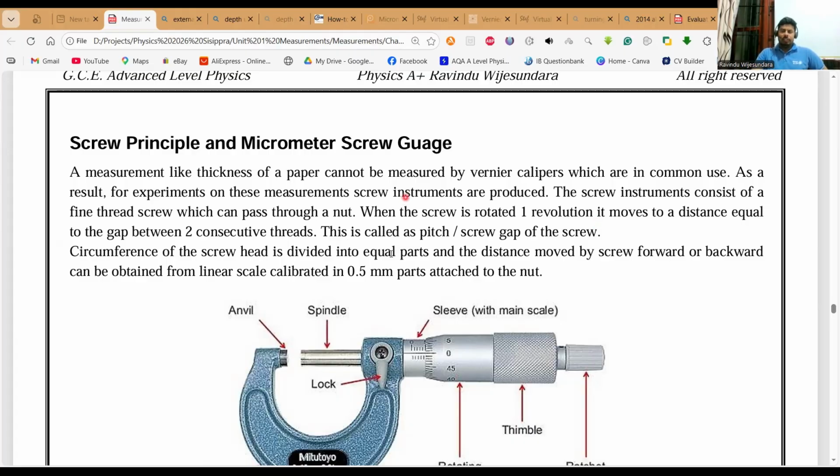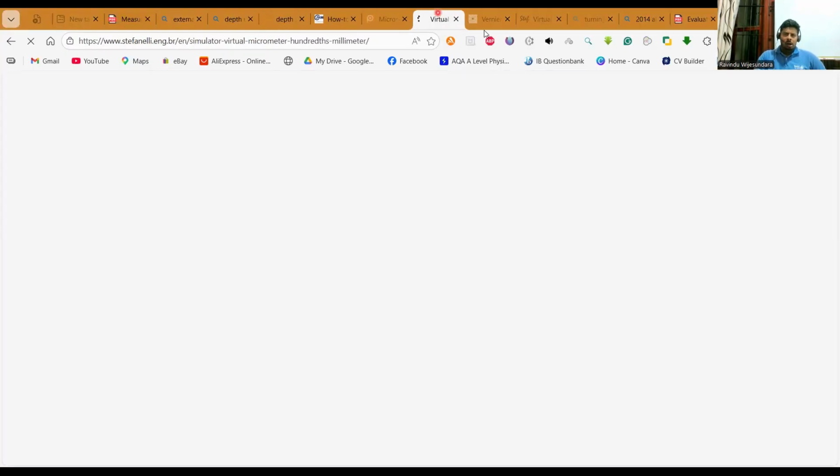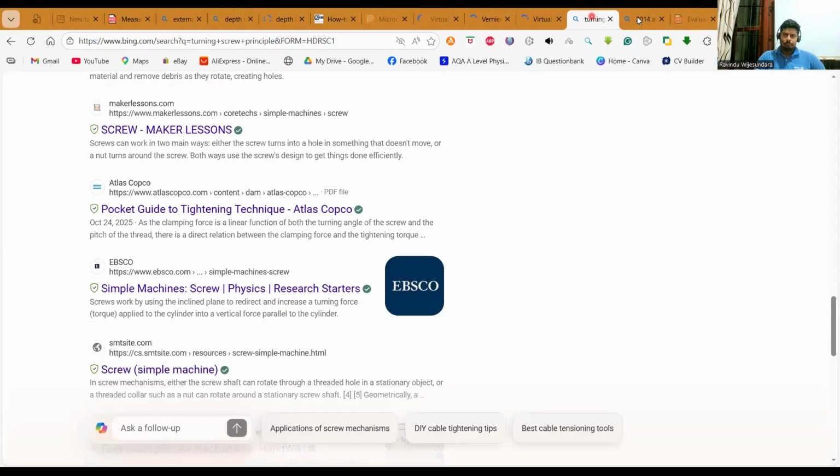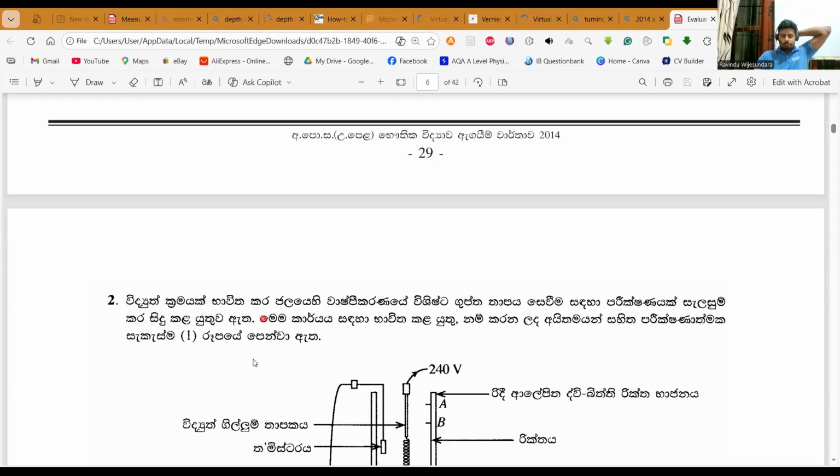And there are some important things we need to know about screws. So I have actually saved an image for that. Let me check. So it is actually not included here.